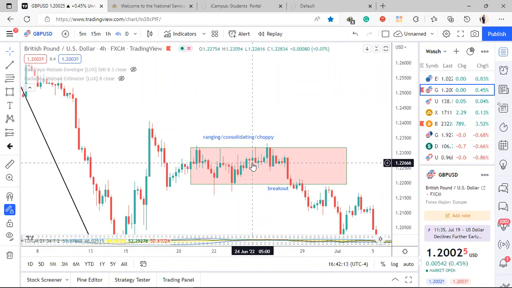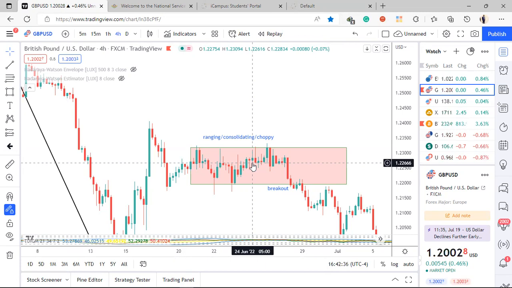Because if you are participating in the buys and the sells, it will trap you. Another term for a consolidating market is the manipulation phase of the market. When we get deeper into the course, you will understand all this. A ranging market is like a trap.